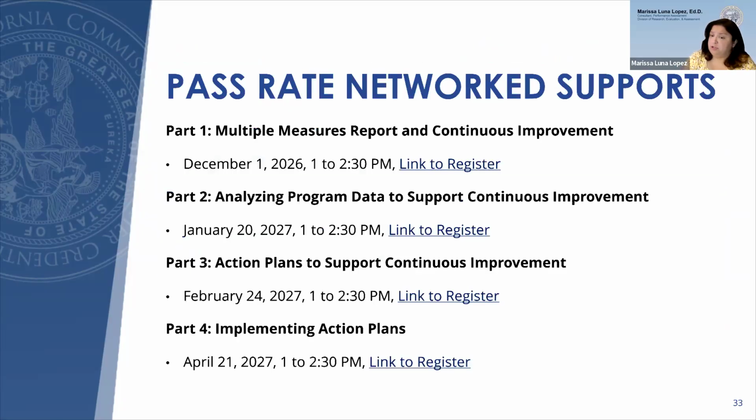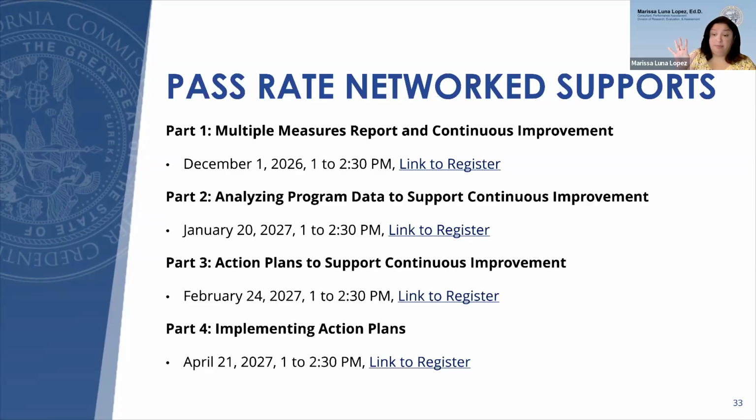Pass rates and network supports. Many of you were paying attention in the June meeting with the new pass rate bands. Any program whose first attempt pass rate is 69% or below will have some additional accreditation activities to complete. This is going to be a 4-part series. It's available to everyone.